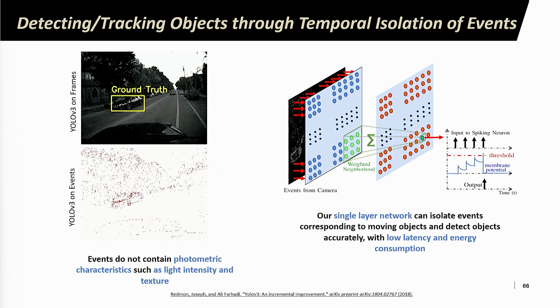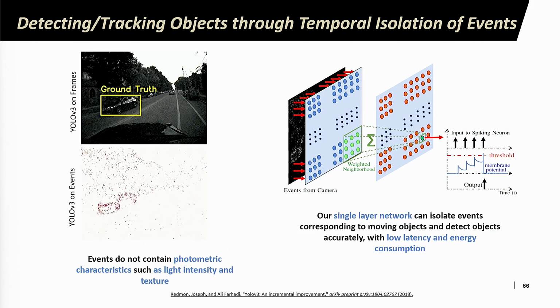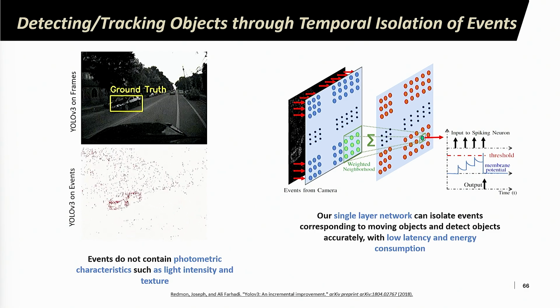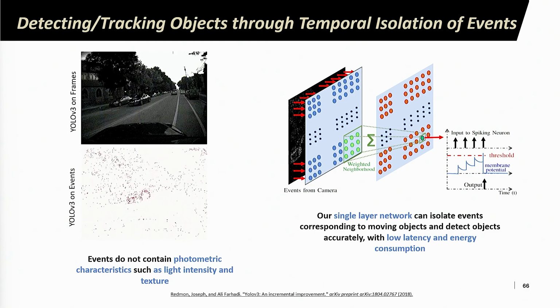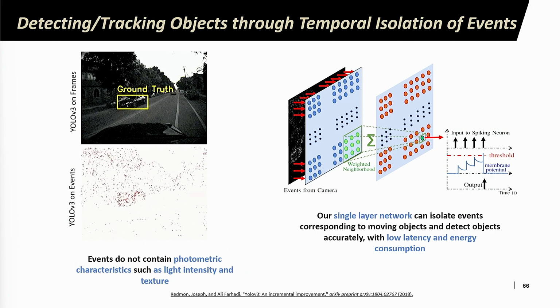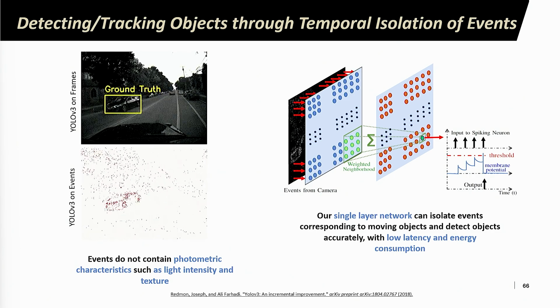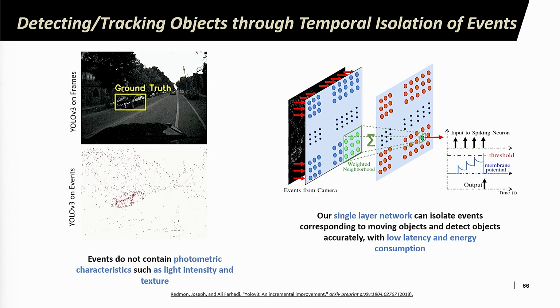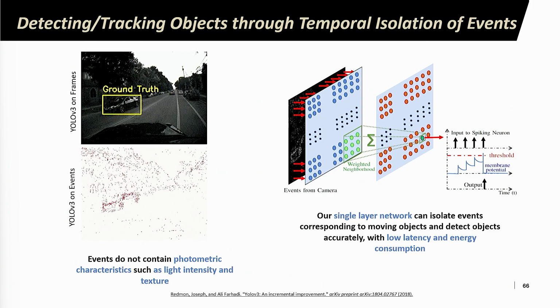Remember, leak was an input that we used, and in this particular case, leak and the threshold combined together can really be used to figure out what speed the objects are moving. If the object is moving at a medium speed, high speed, or a low speed, we can detect that, and based on that, one can now make decisions as to what should be done in our path planning.